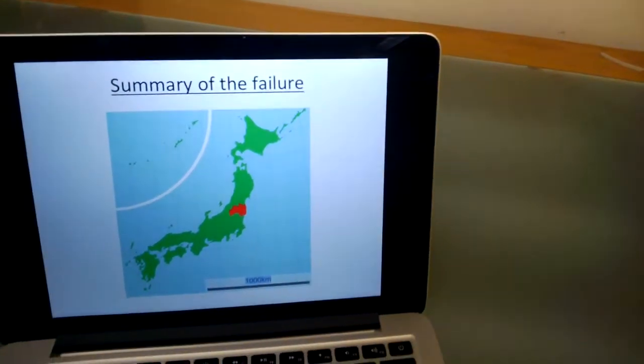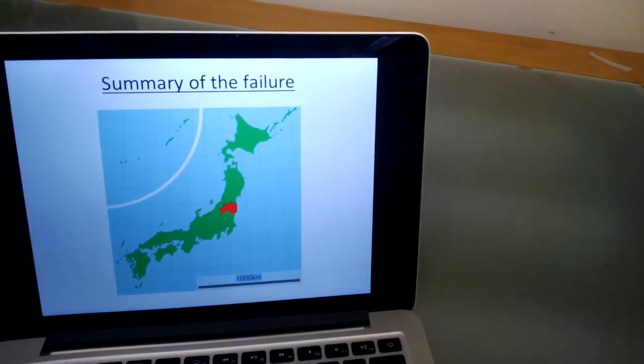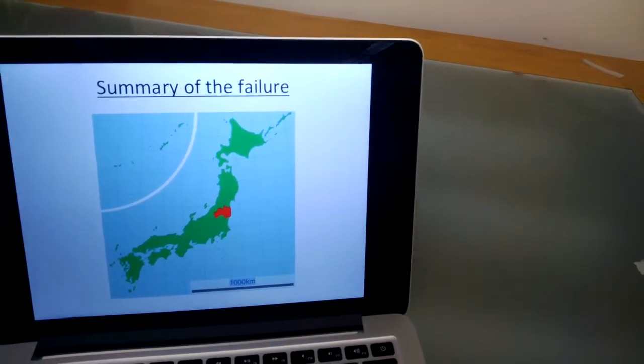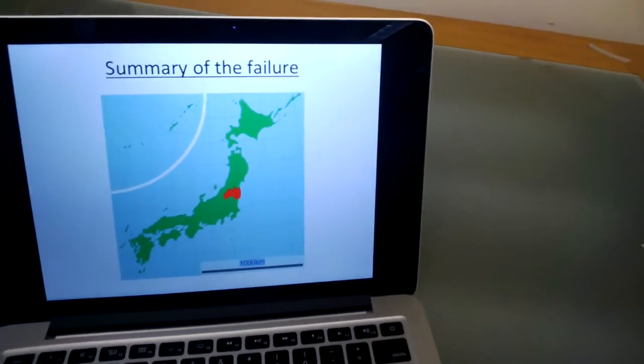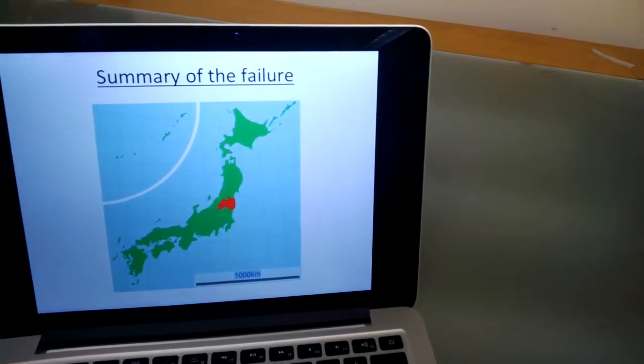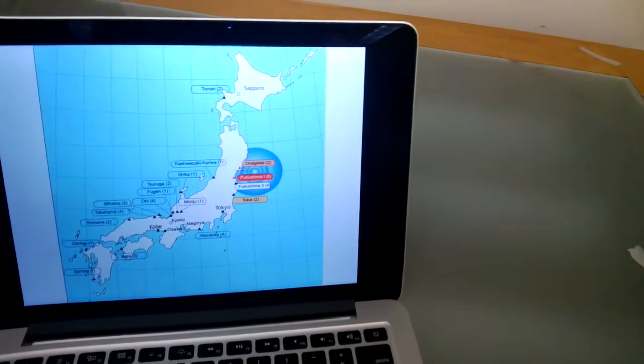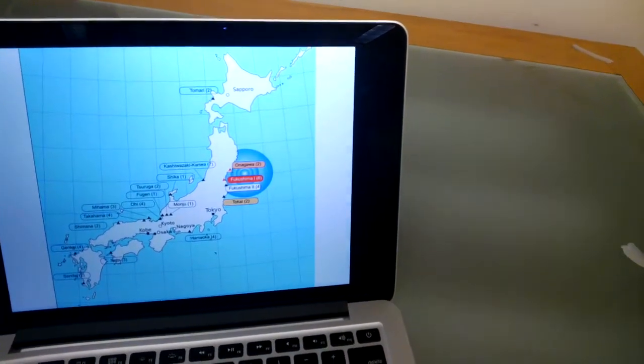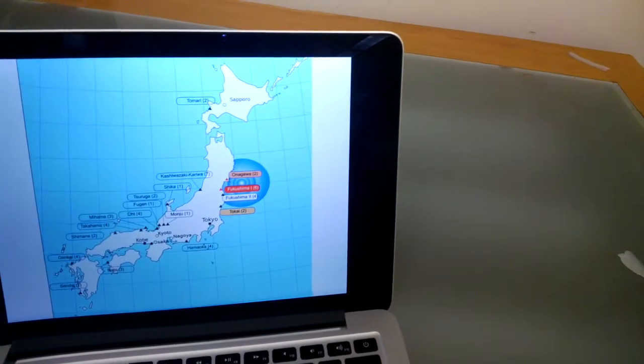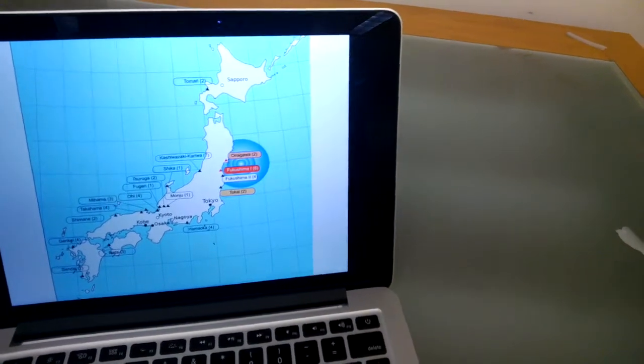So, a very brief summary about the Fukushima disaster. The Fukushima nuclear power plant was subject to an earthquake followed by a tsunami one hour later, on March 11th, 2011.